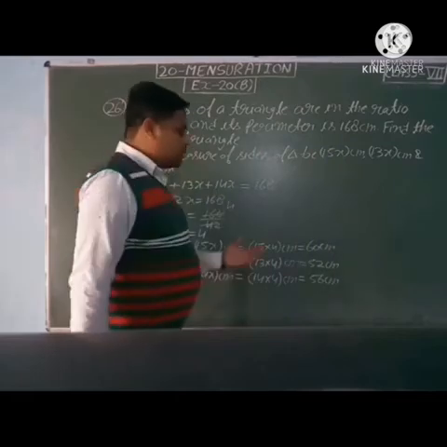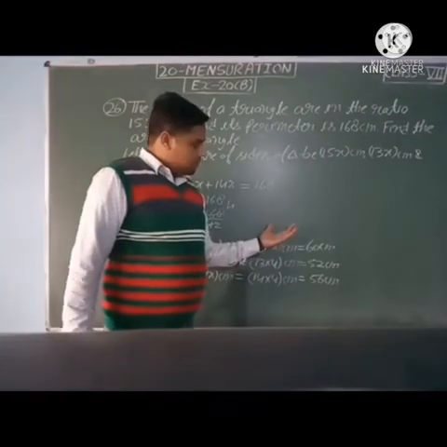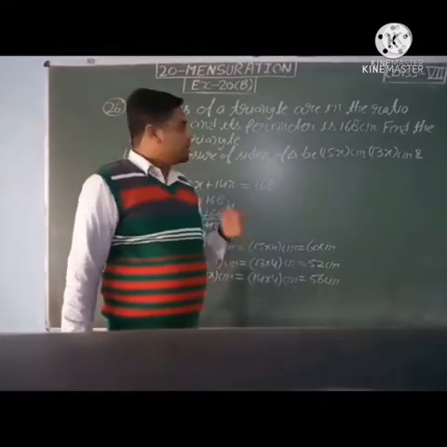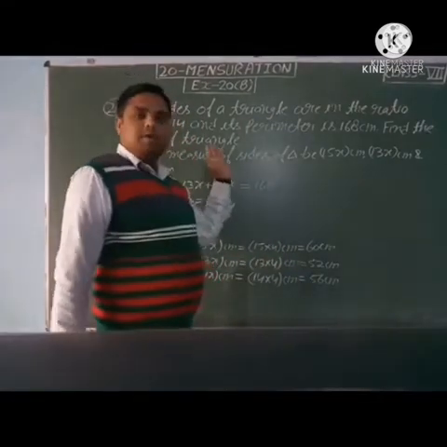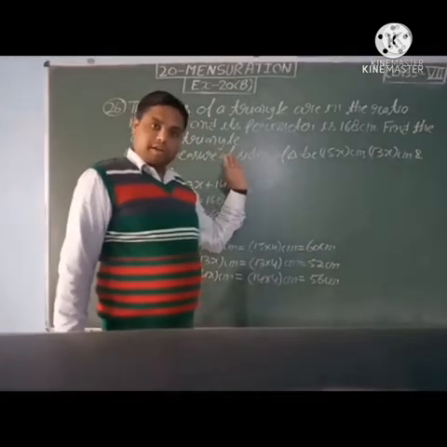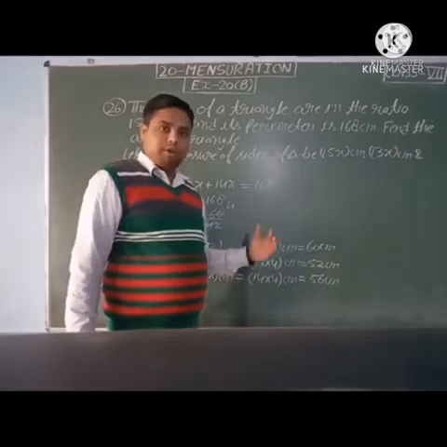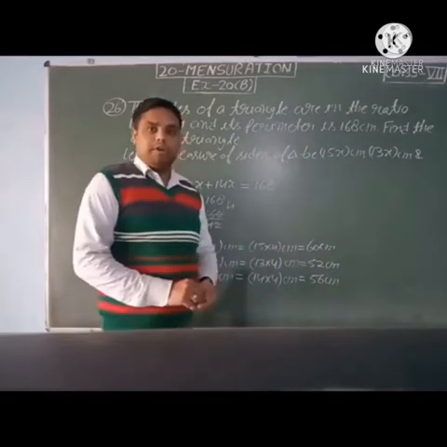So students, now we have the measure of all three sides. So we can use Heron's formula to find the area of the triangle. After this you have to solve it yourself and find the area of the triangle.